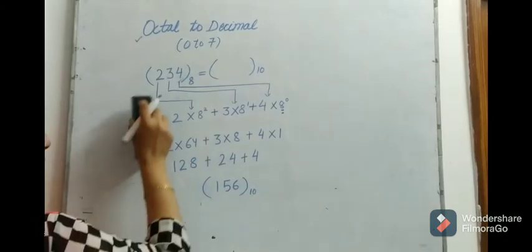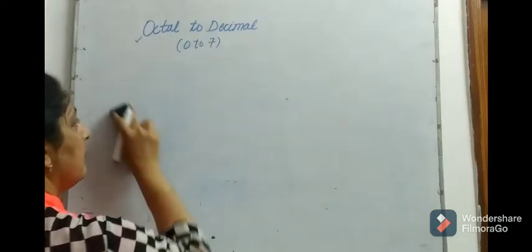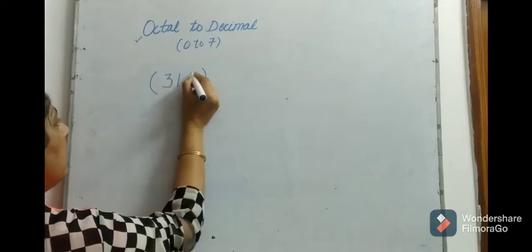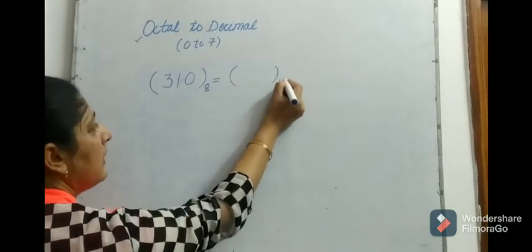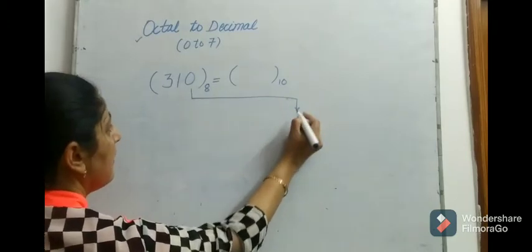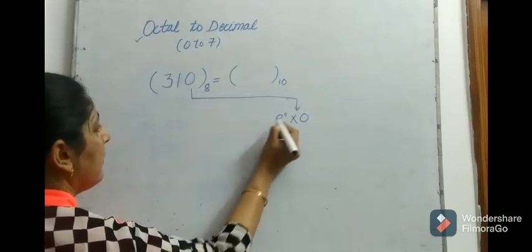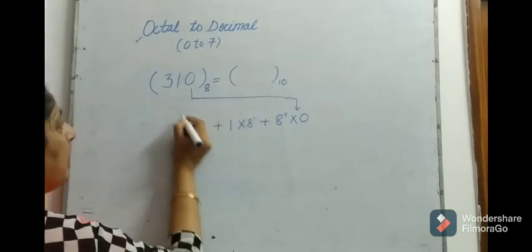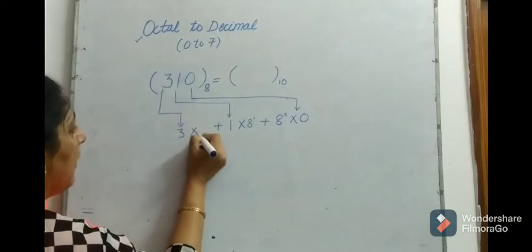Okay, let's take one more example. Let's say my number is now 310. It's an octal number that needs to be converted into a decimal number. Again the same procedure: take the least significant digit, 0, multiplied with 8 to the power 0, plus 1 multiplied with 8 to the power 1, plus 3 multiplied with 8 to the power 2.